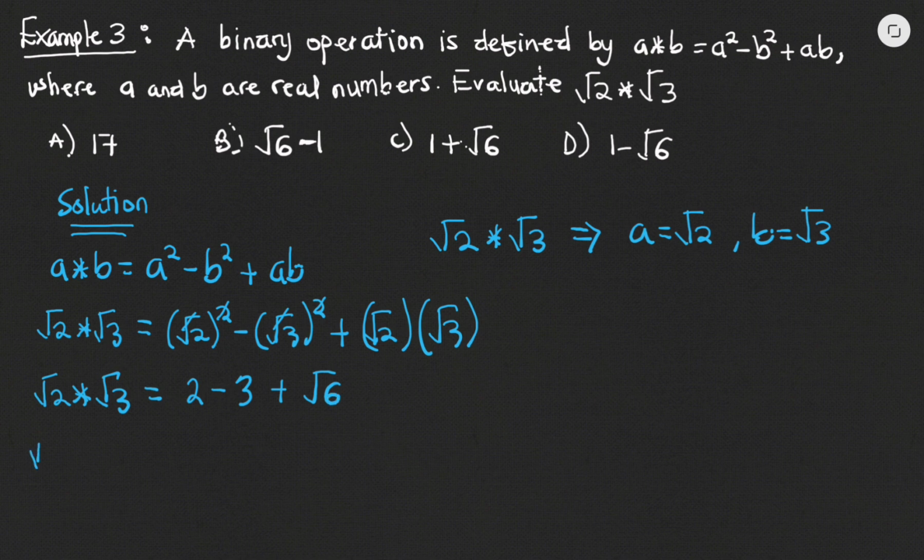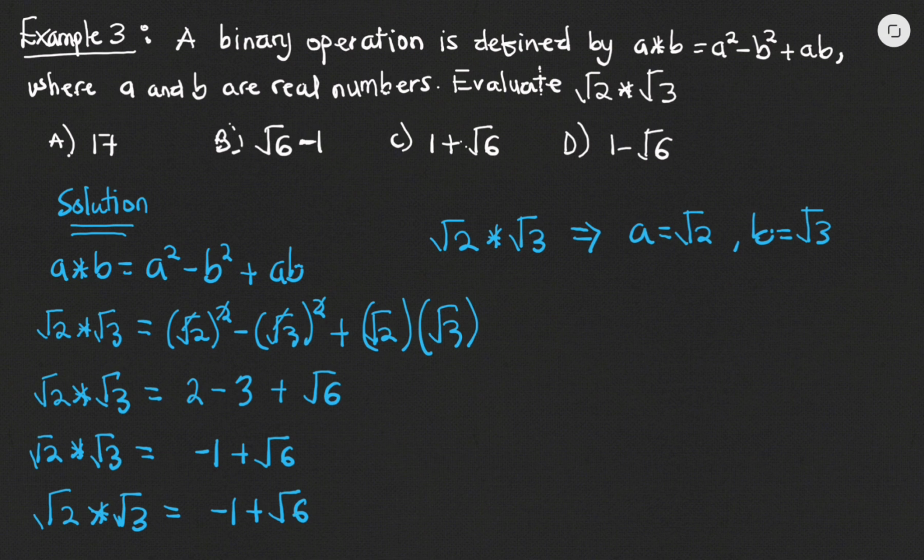So from here, root 2 operation root 3 will be equal to 2 minus 3 will give me negative 1 plus root 6. So therefore, root 2 operation root 3 is equal to minus 1 plus root 6.